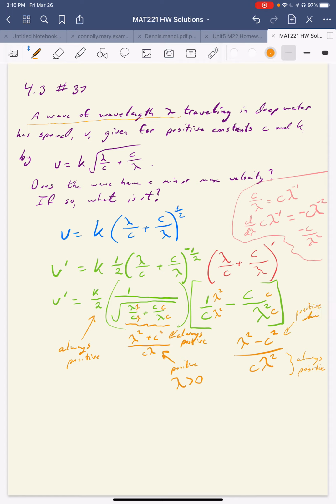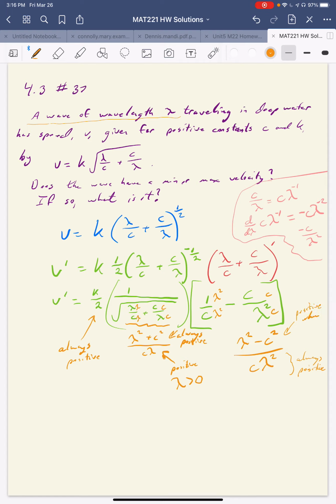But now the next question is, it says, does the wave have a minimum or maximum velocity? Yes, it has a minimum velocity, and that occurs when lambda is equal to c. But the next question says, if so, what is that minimum velocity? So now what we have to do is go back up here to our original function for velocity and evaluate that function when lambda is equal to c.